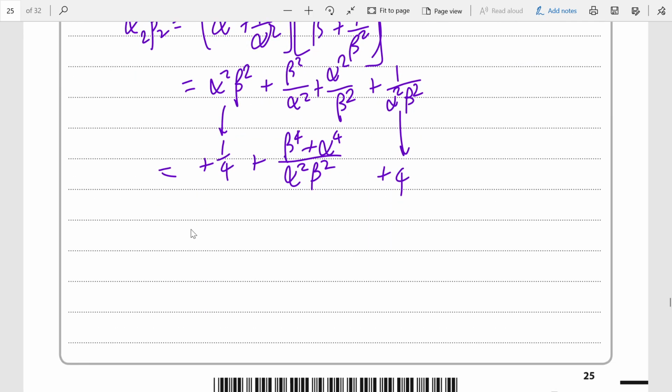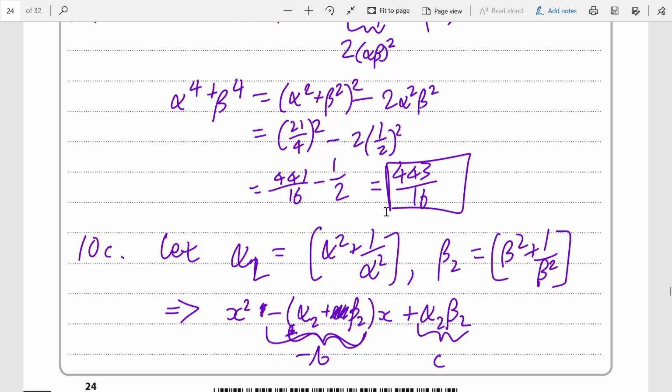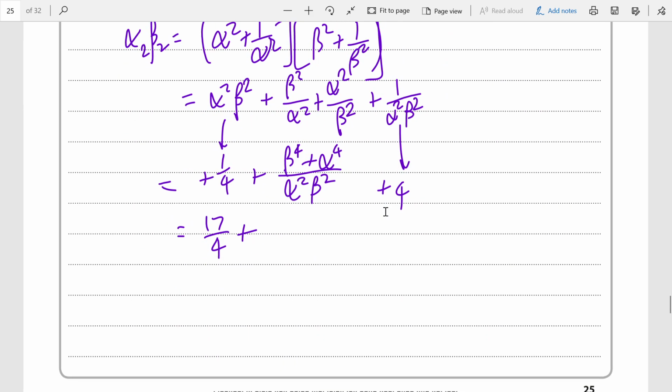And of course, this is going to be 4 plus 1 over 4 is going to be 17 over 4. And then plus beta to the 4 plus alpha to the 4, we already found out is 443 over 16, divided by alpha squared beta squared, which is 1 over 4. Of course, these cancel out. This is just a 4 instead of a 16.